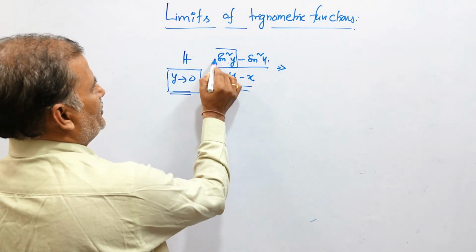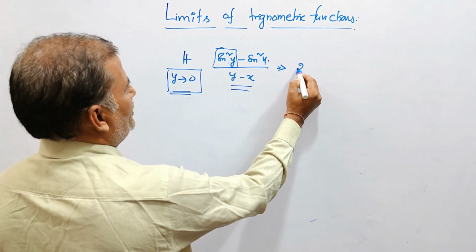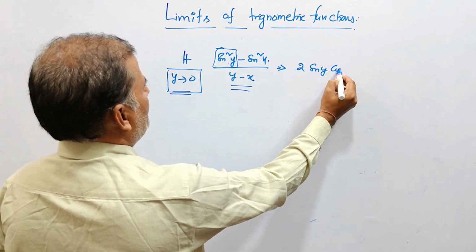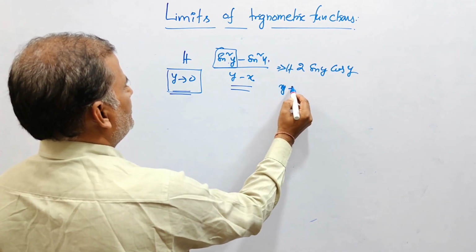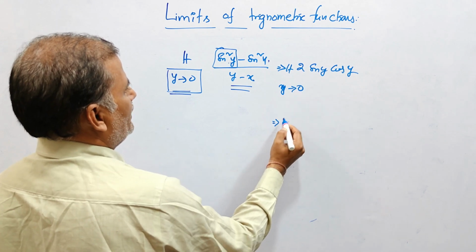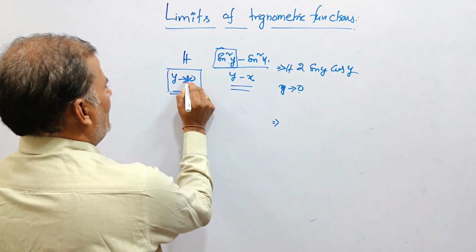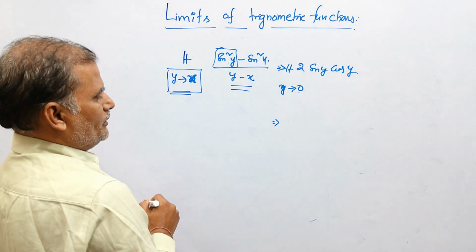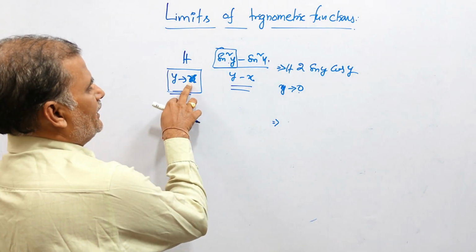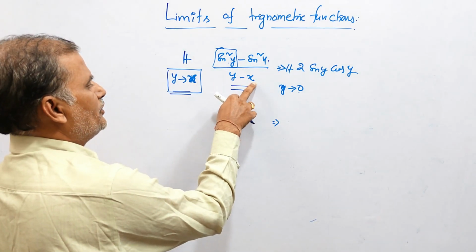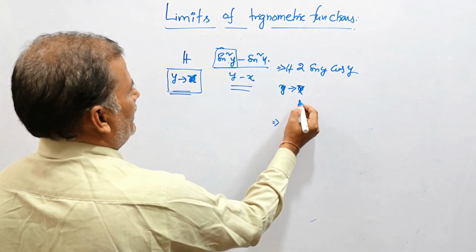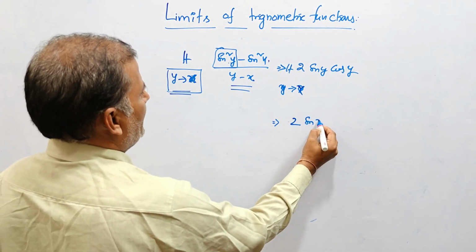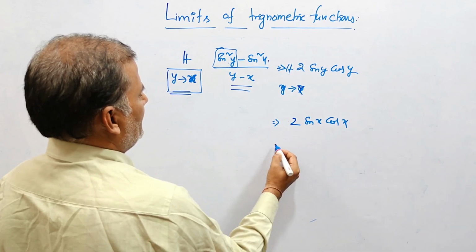Therefore, here limit y tends to 0, sin square y means 2 sin y cos y. Here 2 sin y cos y you have to apply. I think this is y tends to x. If you write y tends to x, here y minus x is equal to 0, then we apply L'Hospital rule. This is y tends to x. Now, in the place of y, you write x, 2 cos x and sin x.